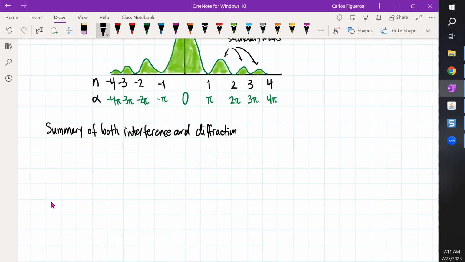The first thing I'm going to do is start writing out. I want to talk about fringes, or maxima or minimas. I think I'm going to call this the fringe number or the minimum.